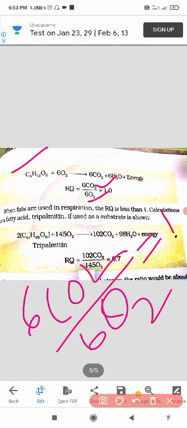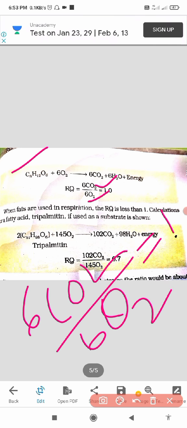Take the example of another complex compound like fatty acid. So fatty acid has so many carbons, C51, H98, O6. So two molecules of this compound when added with 145 molecules of oxygen, then production of 102 molecules of carbon dioxide and 98 molecules of water.